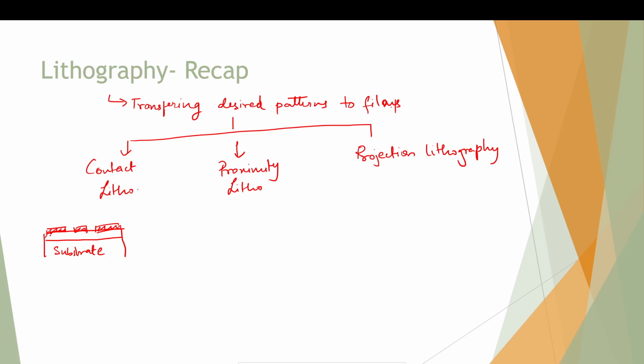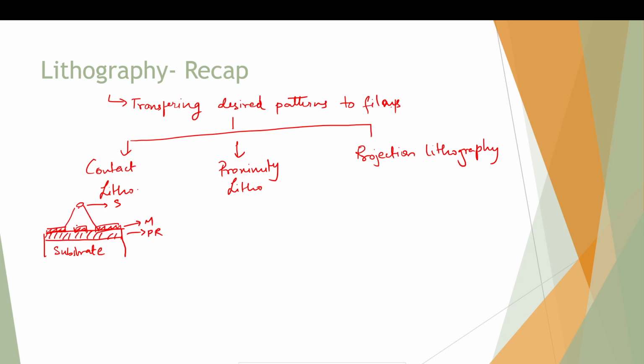On top of the substrate, I have spin coated my photoresist, and I place the mask directly on top of the photoresist. So there is a contact between the photoresist and the mask, and so there will be an illumination source. Right. So that is what we do in contact lithography.